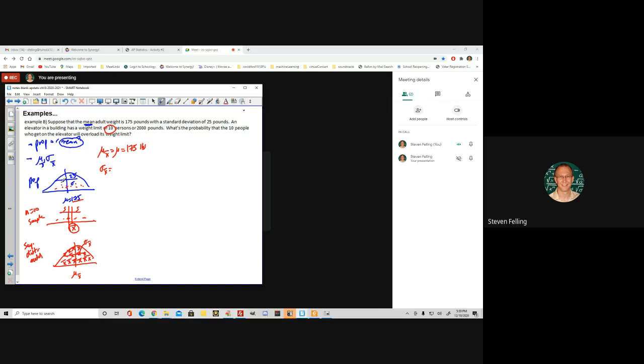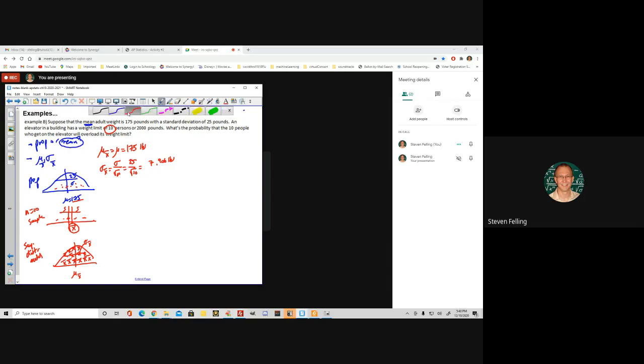But if I take 10 people at a time and then average them, then I have to use this formula, sigma over the square root of n. So 25 divided by the square root of 10, which turns out to be 7.906 pounds. That's how the means are going to vary.